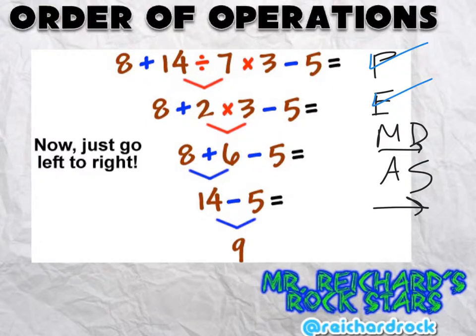Then I can go ahead and check off my multiplication and division because that is done. And now my goal is addition, subtraction, once again, left to right. If subtraction's first, I'm going to do subtraction first. If addition's first, I'm going to do addition first. So 8 plus 6 is first, 8 plus 6 is 14, then I drop down my minus 5, and I get my simplified answer of 9.